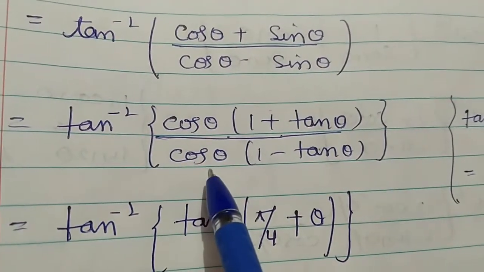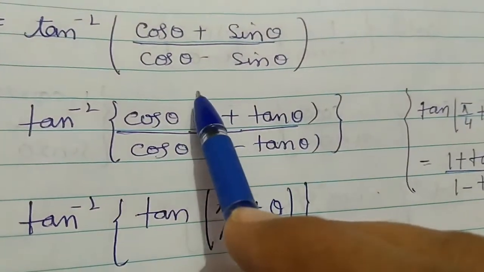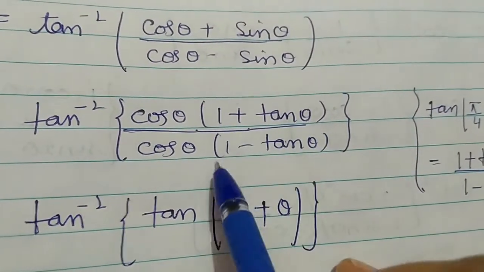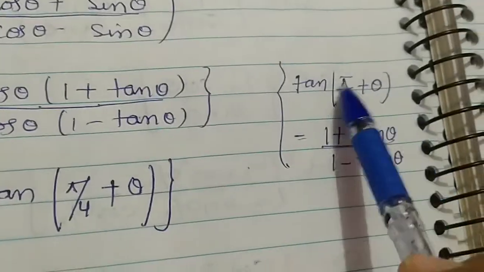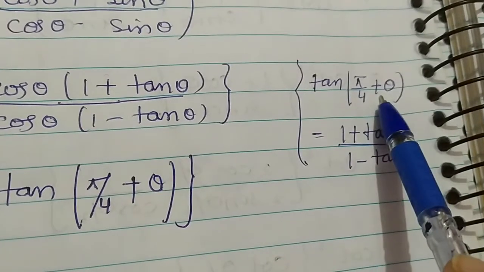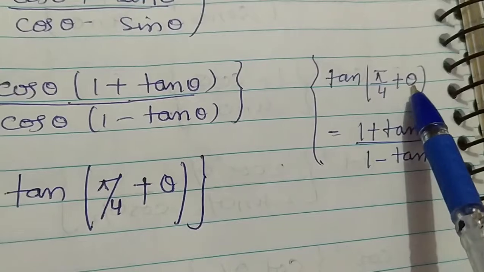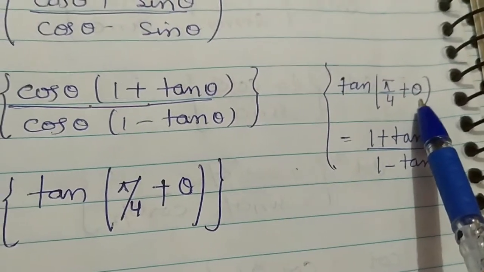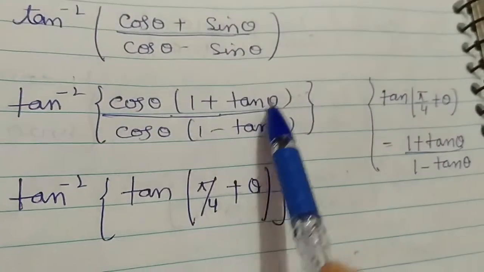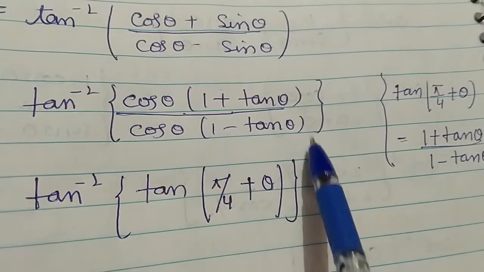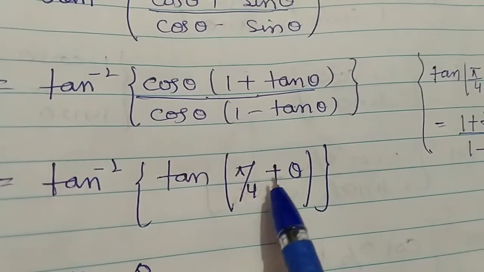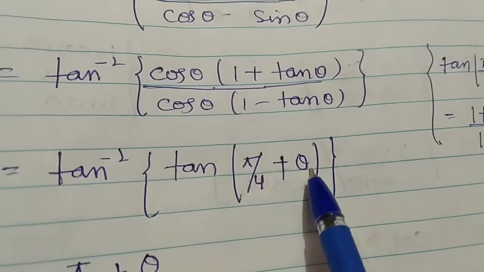Cos and cos cancel out, and we know that the formula of (1 plus tan theta) upon (1 minus tan theta) is tan of (pi by 4 plus theta), using the identity of tan (A plus B). That's why this term is converted into tan of (pi by 4 plus theta).